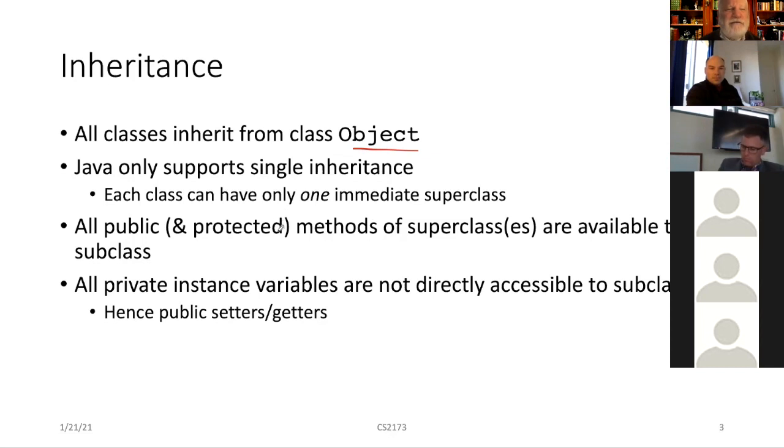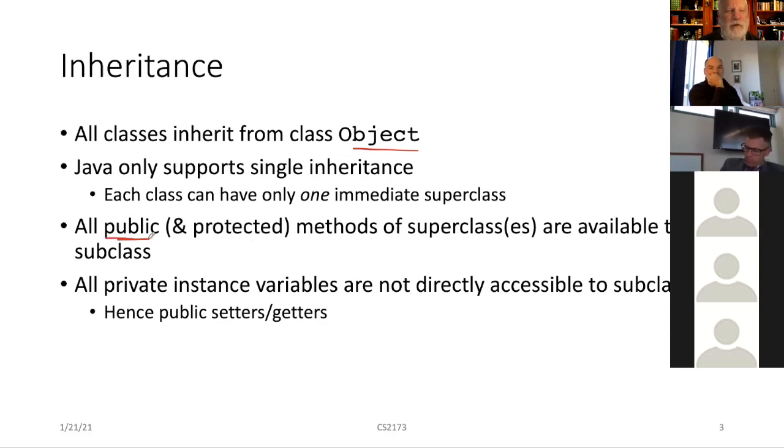Now, the thing to understand about inheritance is that everything in the superclass exists in the subclass, but you may not have direct access to it. Everything that's public and protected, just for completeness, but we're not going to deal with protected just yet.